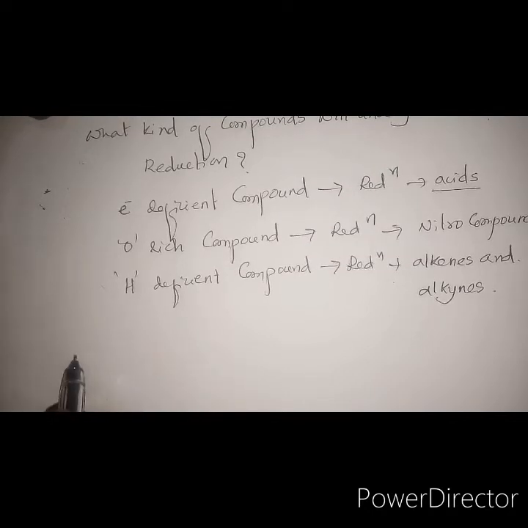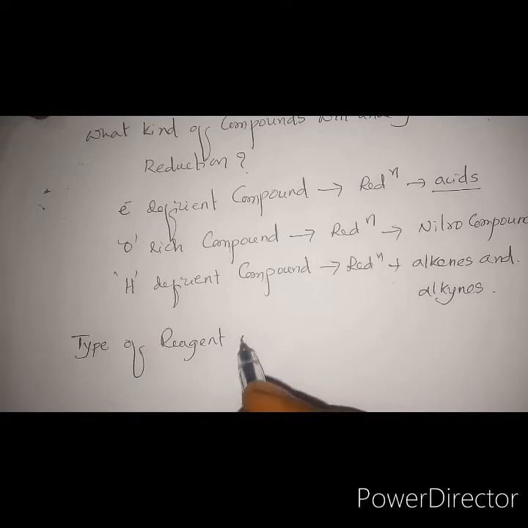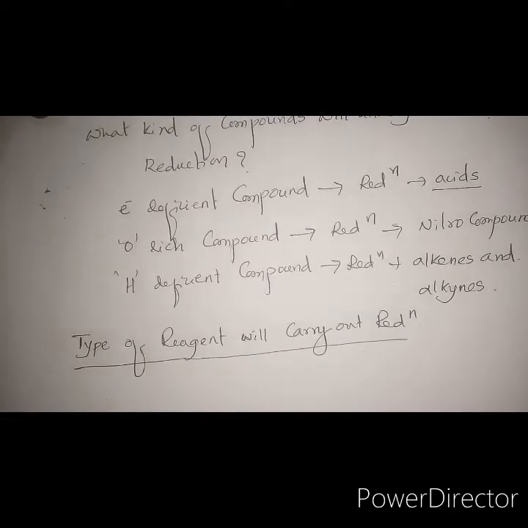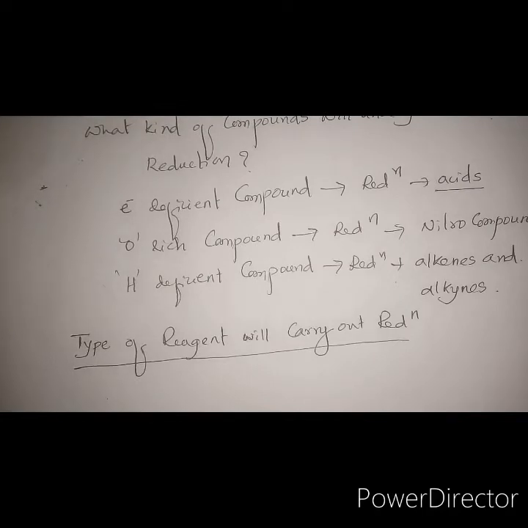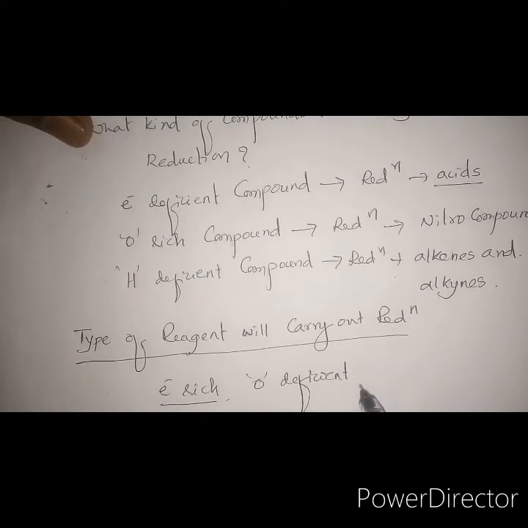Now, which type of reagent will carry out the reduction? The reagent has to add electrons in order for the reduction to occur. Therefore, a reagent that carries out the reaction should be an electron rich, oxygen deficient, or hydrogen rich compound.